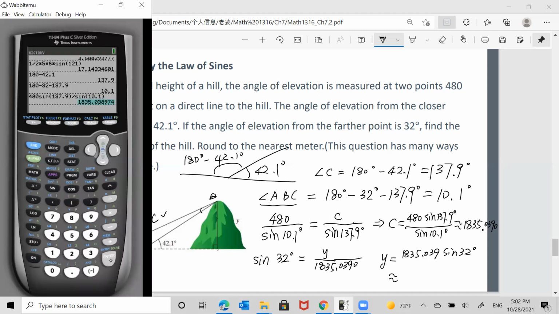So sine 32. What is that? It's 972.4 something. Read the question: round to the nearest meter. So we just keep the integers here. So the integer is 972.